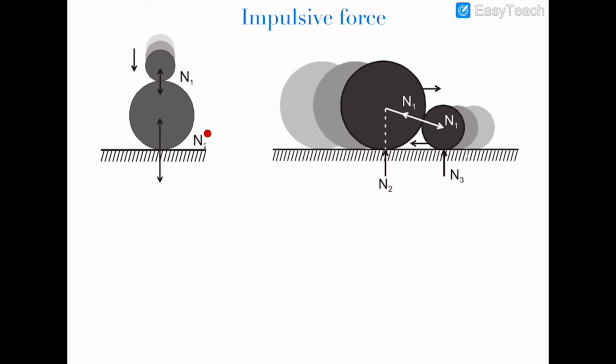Therefore these two normal reactions are very high forces which act for a short period of time, and the time for which they act is only the time of the collision. So they are both impulsive forces. Both N1 and N2 are impulsive forces.